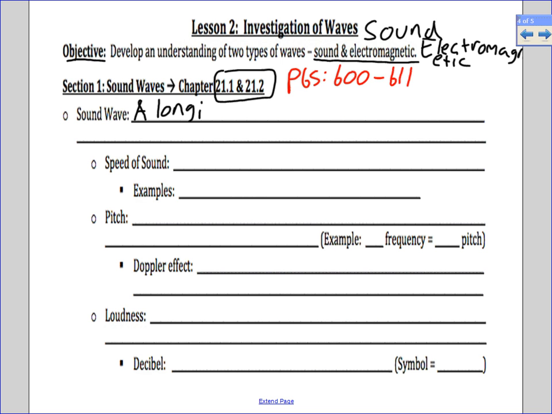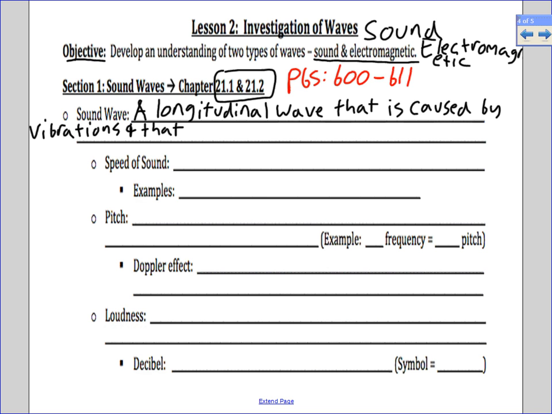A longitudinal wave, and in the last lesson you learned what a longitudinal wave is, that is caused by vibrations and that travels through a material medium.